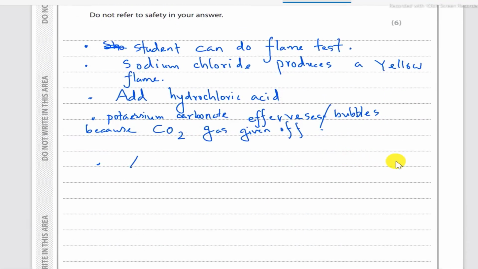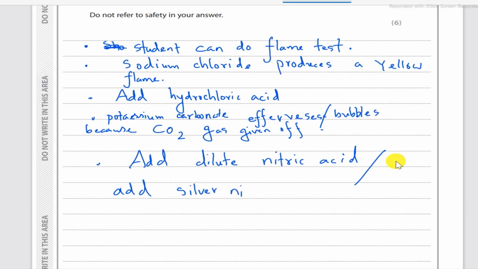Or add dilute nitric acid. Or add silver nitrate solution.